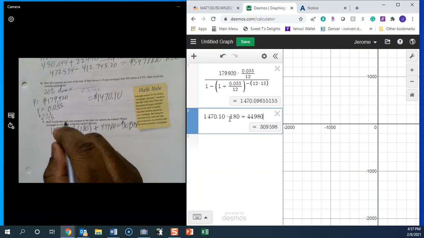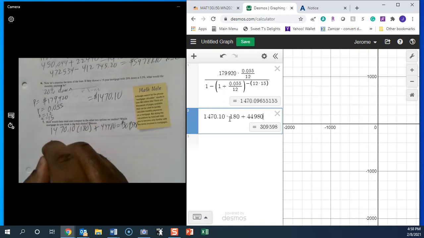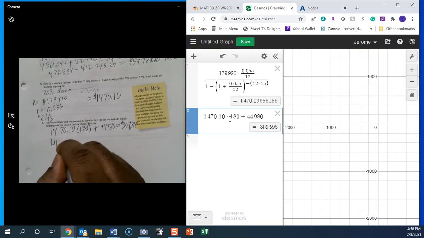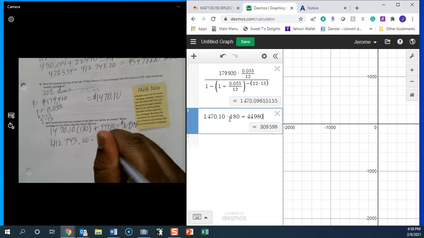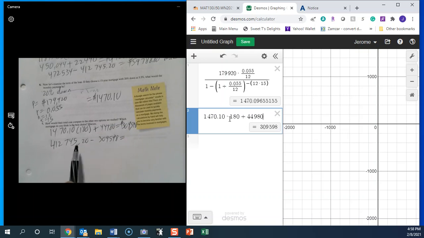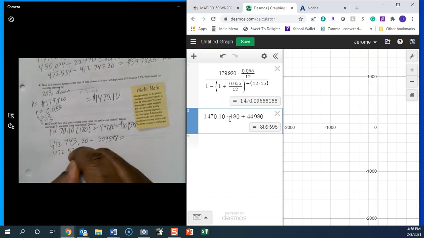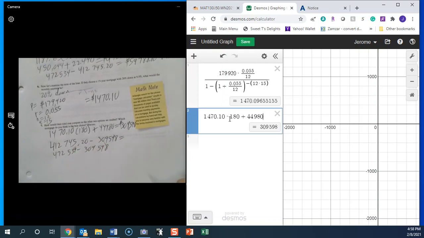And then the other two, well, they said how does this compare? So we would do the first one, which was a 20% down, 30 years, was $412,745.20 minus 309,598. And then we would take the next value, which is 472,534 minus the 309,598.